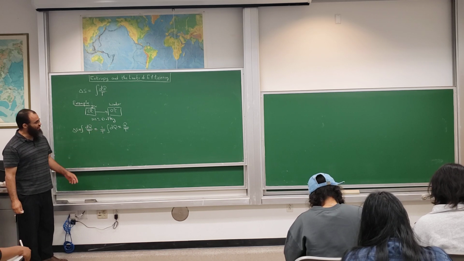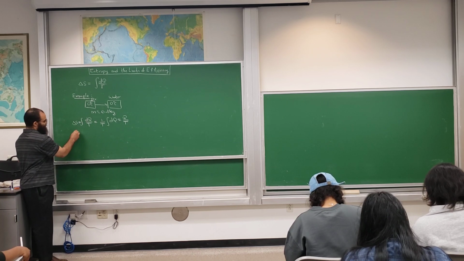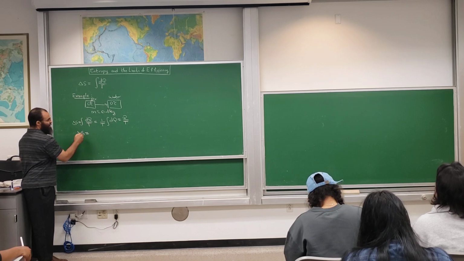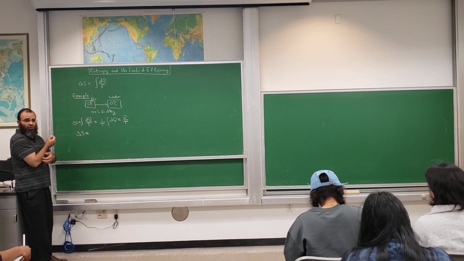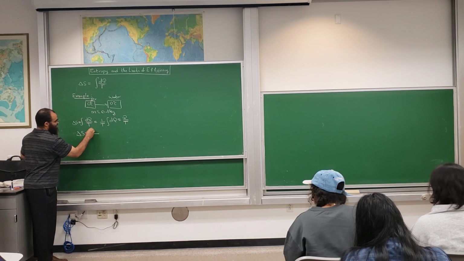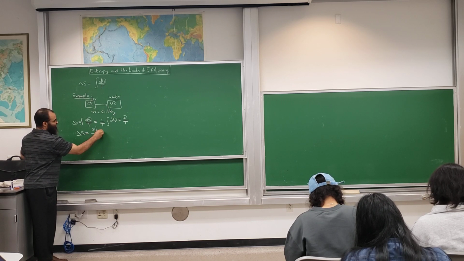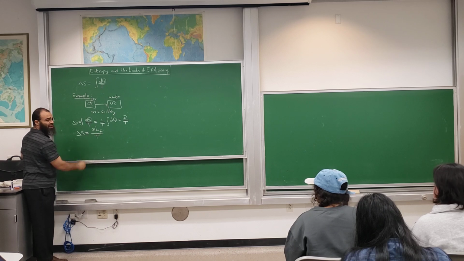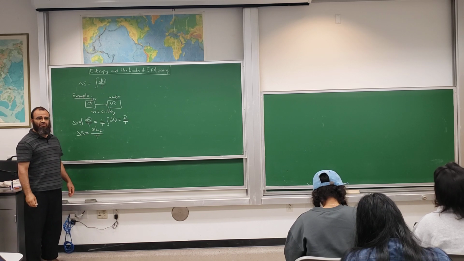So just Q over T. Now, Q is the heat that was added in order to melt the ice, and so the heat that's added is the mass times the latent heat of fusion, divided by the temperature.